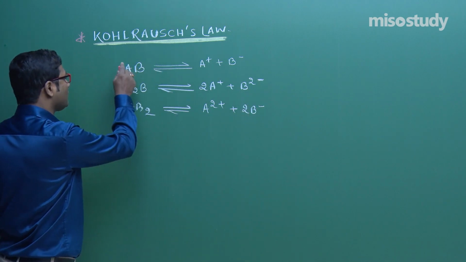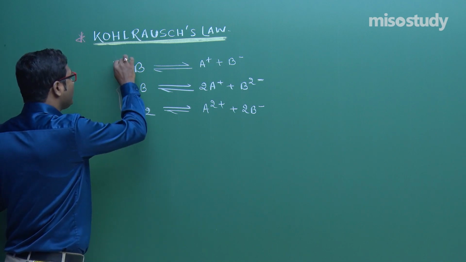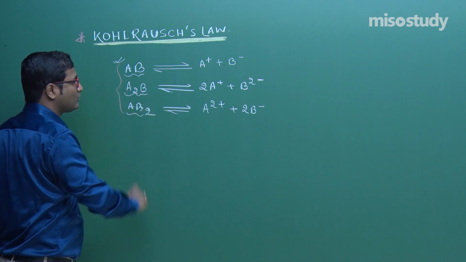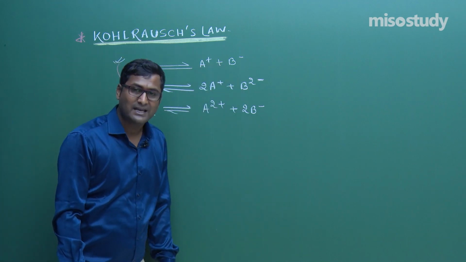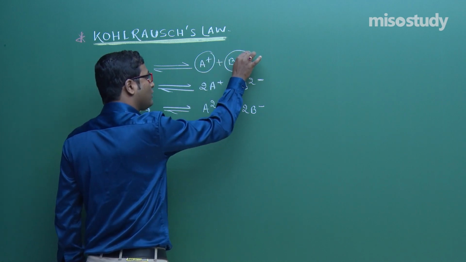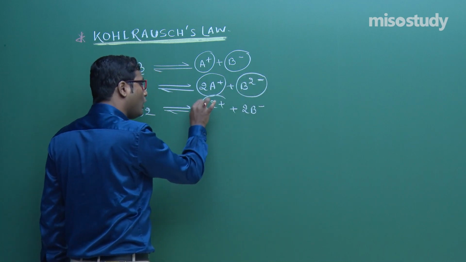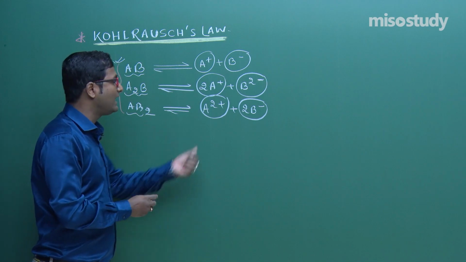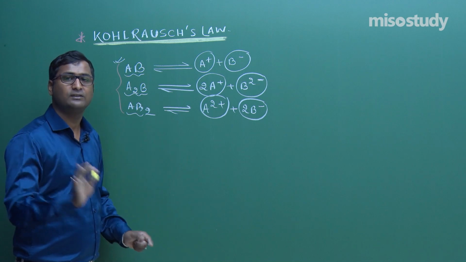Now what does this law say? At infinite dilution, when complete dissociation of the electrolyte takes place, that is, the electrolyte dissociates into ions, each ion contributes towards the equivalent conductance or molar conductance of the solution, irrespective of the nature of the ion. That is, we will not discuss the nature of the ion.